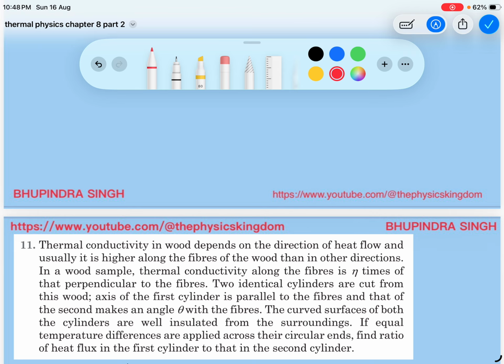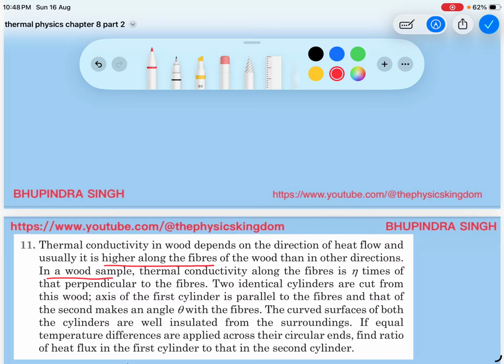Thermal conductivity in wood depends on the direction of heat flow, and usually it is higher along the fibers. So there are certain materials in which thermal conductivity is not the same in all directions, right? In different directions thermal conductivity can be different. So for wood they are saying it is higher along the fibers than in other directions.